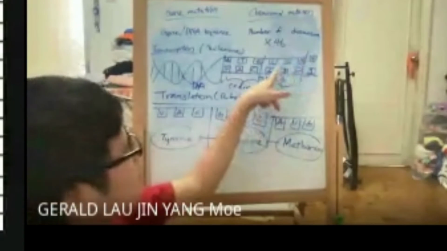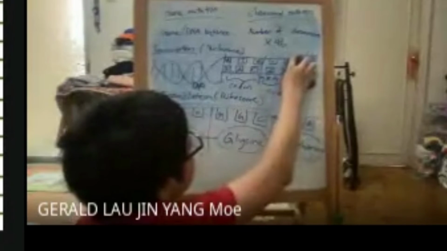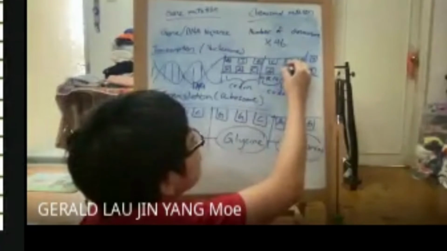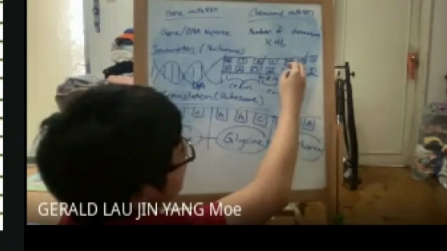Let's say, you tengok sini, pin my screen. CCG. Let's say this C suddenly I substitute become G. Suddenly something wrong. G sini. Kalau sini G, sini akan apa? mRNA akan apa?